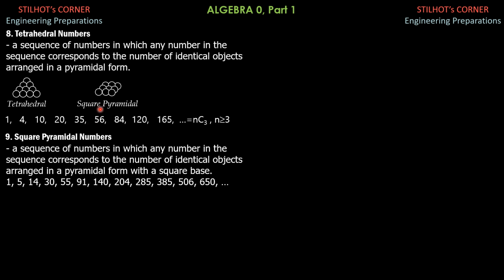Next is 6 squared, 36. 55 plus 36 is 91. 91 plus 7 squared, 140. 140 plus 8 squared, 204. 204 plus 9 squared, 285. 285 plus 10 squared, which is 100, is 385. 385 plus 11 squared, which is 121, is 506. 506 plus 12 squared, which is 144, is 650, and so on and so forth.